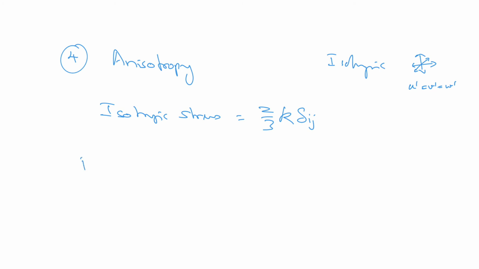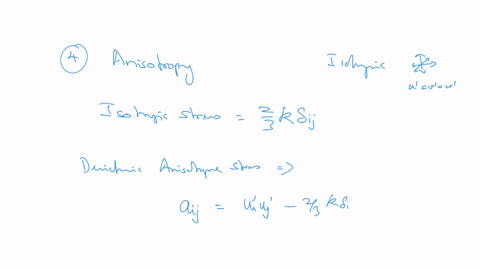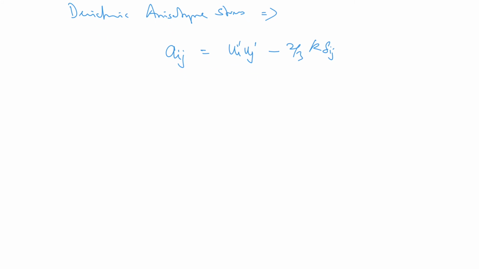Now to find the deviatoric anisotropic stress part, we can define that as aij, which will be ui uj, this is the Reynolds stress, minus 2/3 k δij. You subtract the isotropic part from the Reynolds stress to get the anisotropic part, that will be the aij. Now this aij can be normalized.